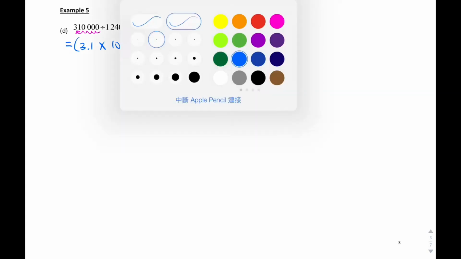And this is divided by the second number. The decimal place, you move 1, 2, 3, 4, 5, 6, 7, 8, 9 places to the left. So this is 1.24 times 10 to the power of 9. And we try to rewrite into fractions.